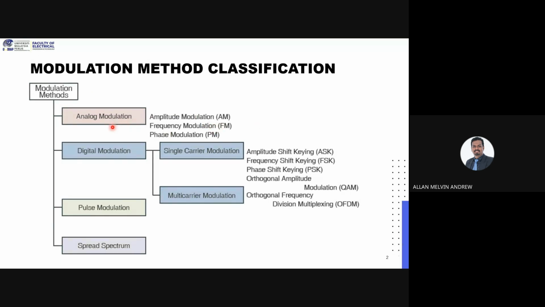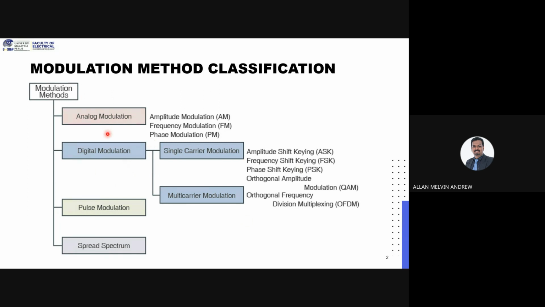In this chapter, we will be seeing amplitude modulation (AM), and in chapter 3 we will be seeing frequency modulation. The other types of modulation will not be covered in this course, but you can always go to the internet to get more information about them.